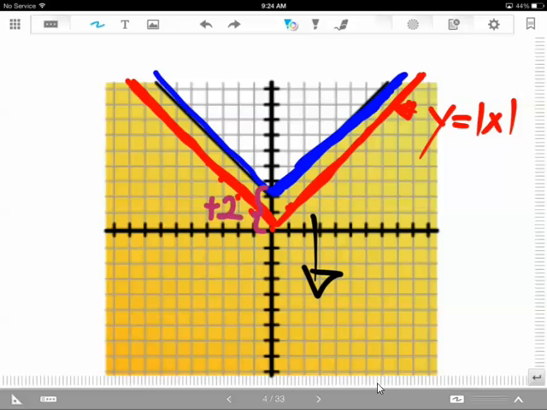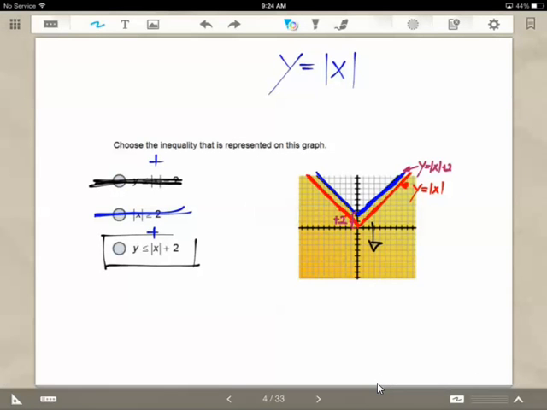by 2 units, right? So you basically have, the blue graph here represents y equals absolute value of x plus 2. Okay? That way, the inequality that I'm looking for should be in relation to y equals absolute value of x plus 2.